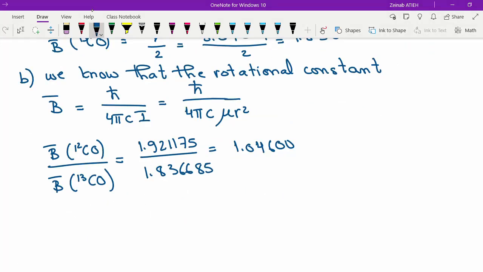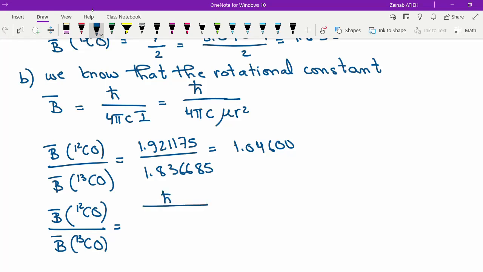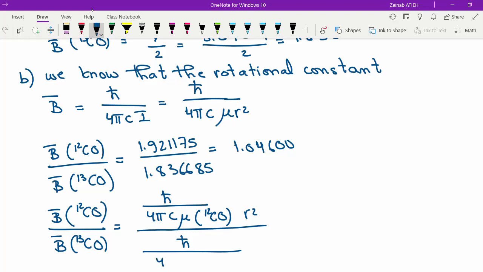Let's write the same ratio again, but replace B bar by its definition. So B bar for C12O divided by B bar for C13O is equal to h bar over 4 pi c mu for C12O R squared, all of it divided by h bar over 4 pi c mu for C13O times R squared.